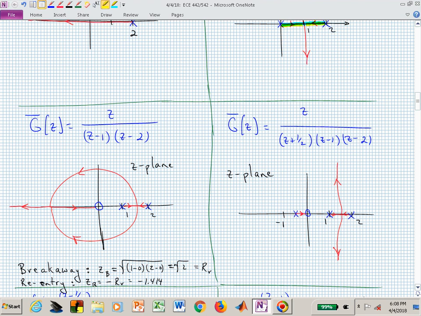So I have 180 degrees minus a total of 180 plus 180. So two of those 180s cancel, and I'm left with minus 180 for all points between minus 1/2 and 0. And that's how I know how to immediately shade those segments on the real line.